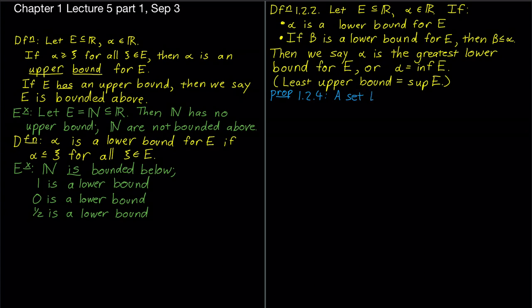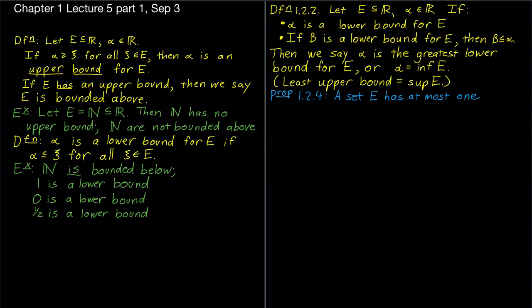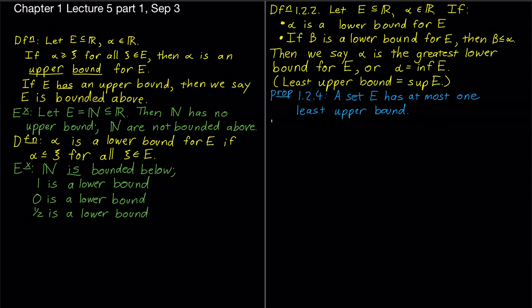A set E has at most one least upper bound. And the proof of this is pretty straightforward, and you should be able to see how to prove the same thing for the greatest lower bound.